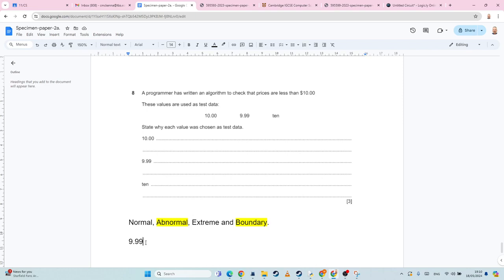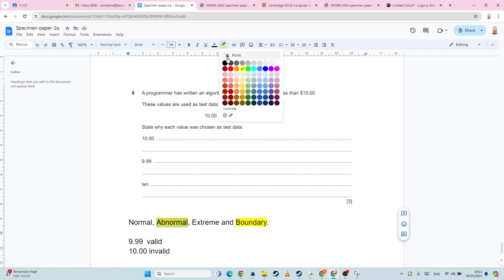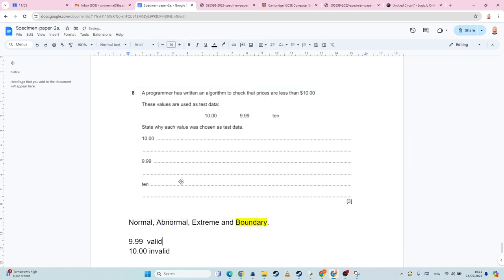Yes, it would. Would 10 be valid? No, that's going to be invalid. So if it's at the place where it changes from being valid to invalid with just even 1 single increase, then we know it is boundary data. I'm not sure if abnormal will get the point. Probably should, because it's outside of the range.